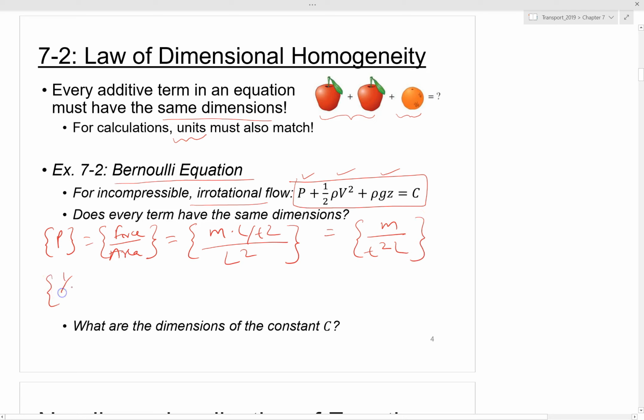What about the second term, half rho v square, the kinetic energy term? Half is a constant, so density is mass over volume times velocity is distance over time, so square.